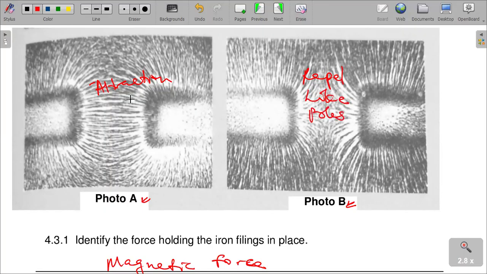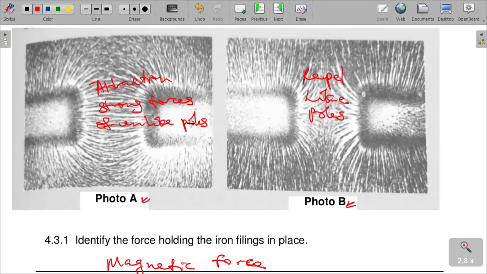And then attraction is a result of strong forces of unlike poles. That is taking place in A. In A, we are saying attraction as a result of strong forces of unlike poles.